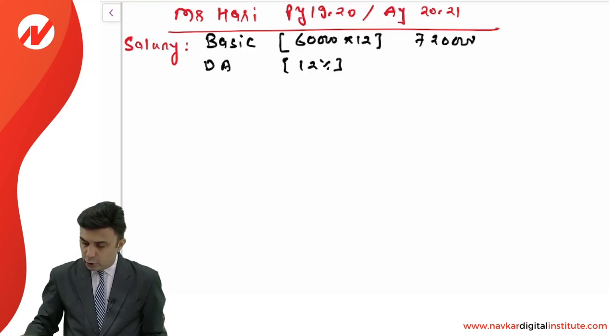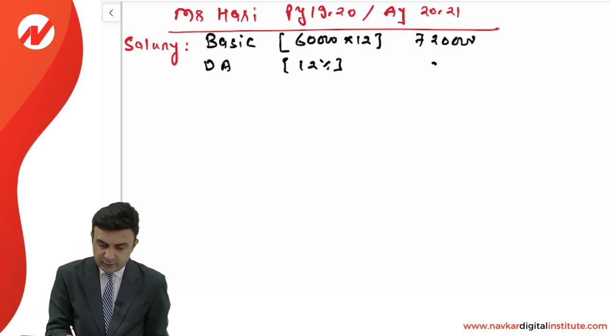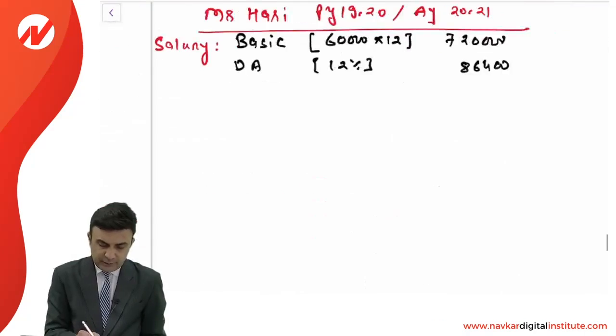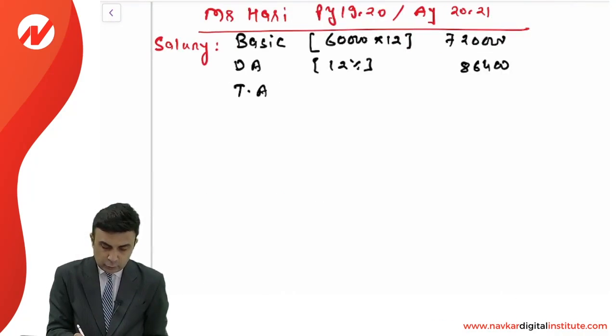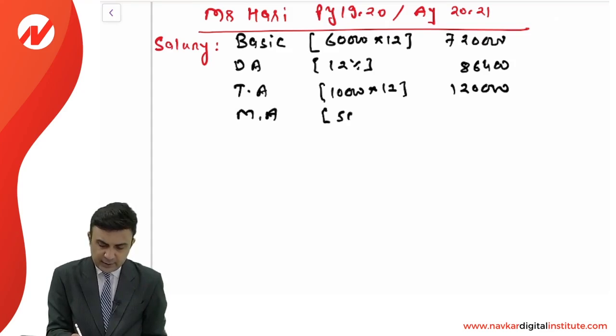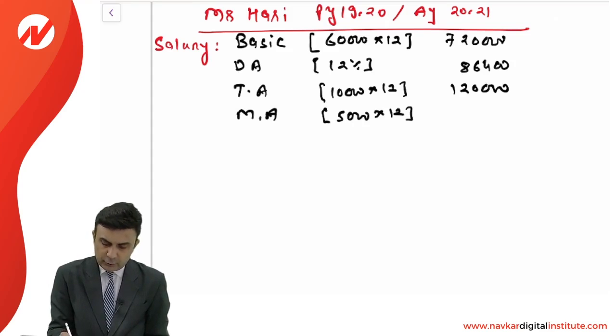This 12% will be fully taxable. My assessee has transport allowance and medical allowance. So transport allowance 10,000 multiplied by 12 will be fully taxable, and my assessee has medical allowance of 5,000, which is also fully taxable.